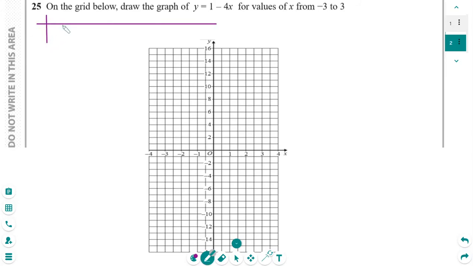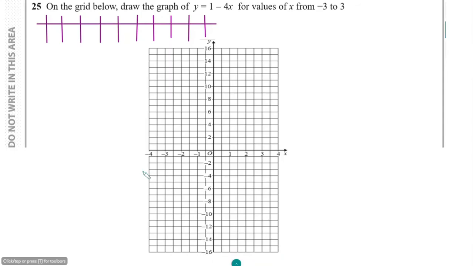Just like a sketch. So I'm going to label x and y.